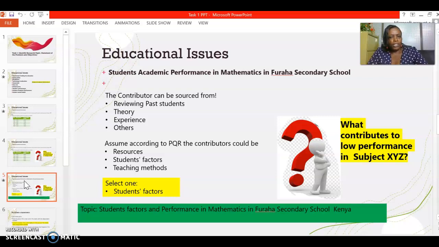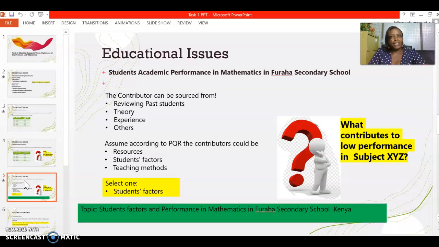Assuming that according to a source that you have read, remember we talked about review of literature, where you review to get information where other scholars have done something on that particular matter, in this case, student performance. Assuming a source that you have read has picked out some of these contributors like resources, student factors, teaching methods.